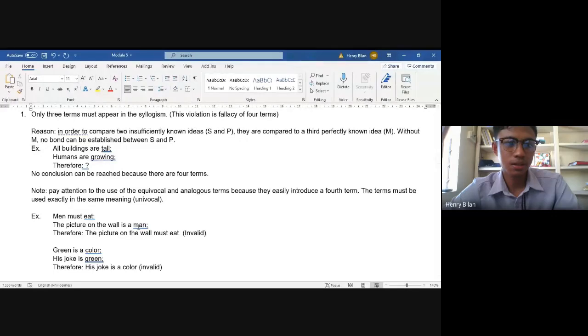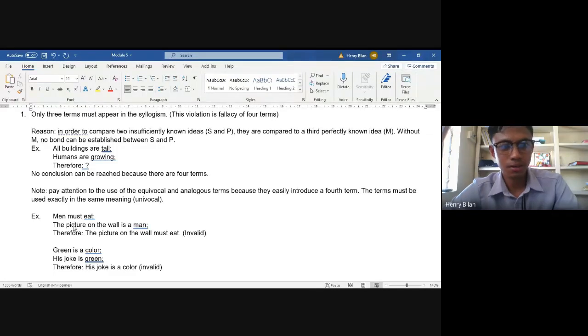Pero bakit invalid? Kasi the man here is a man who is a living being. Kumakain. Kasi buhay na tao yan. Buhay. But this man on the wall, the picture on the wall, is a different man, because it is not a living being.